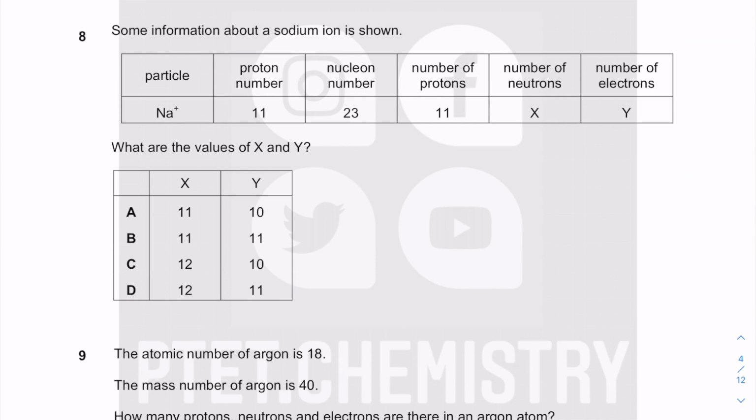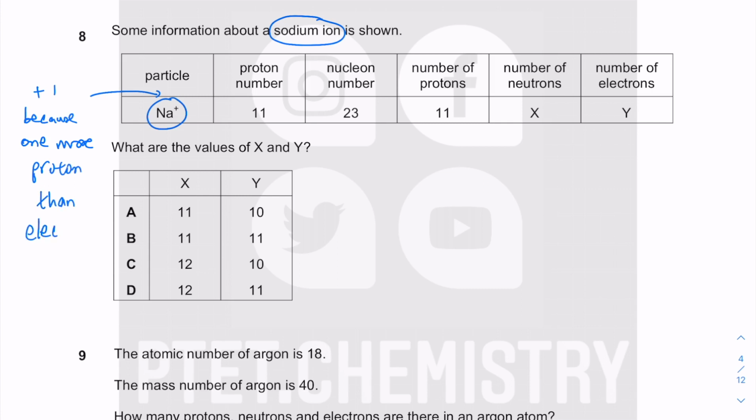All right. So next bit, we have information about a sodium ion. We haven't really talked too much about sodium ion yet, but a sodium ion is Na+. The reason why you have a plus, it's a +1, is because one more proton than electron.